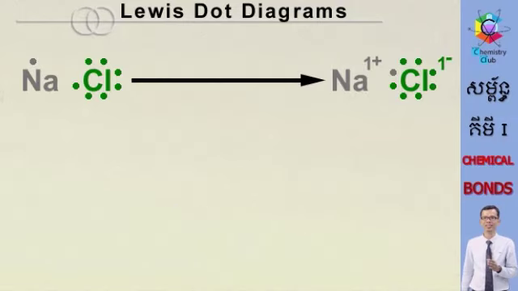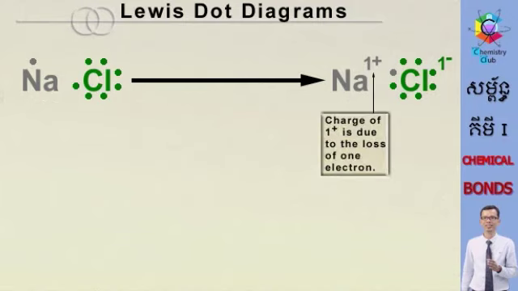In this equation, the gray dot represents the sodium atom's electron, and green dots represent the chloride ion's electrons. Since electrons carry a negative charge, the sodium ion with a missing electron has a charge of 1+, and the chloride ion with an additional electron has a charge of 1-.